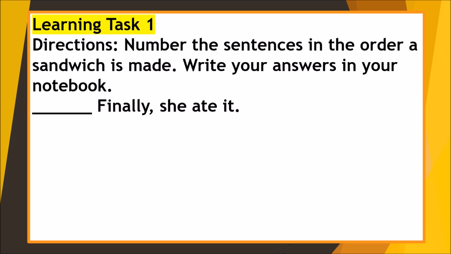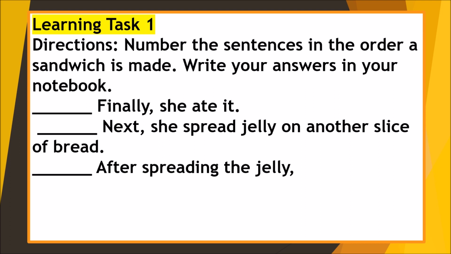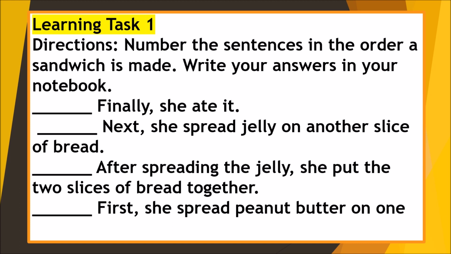The first statement: Finally, she ate it. Next, she spread jelly on another slice of bread. After spreading the jelly, she put the 2 slices of bread together. First, she spread peanut butter on the slice of bread.